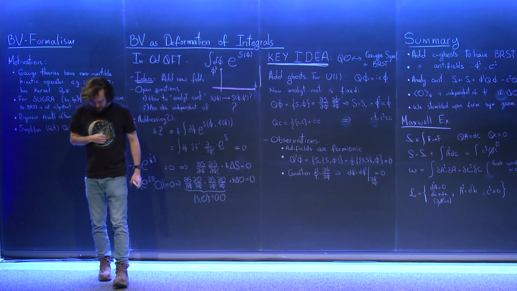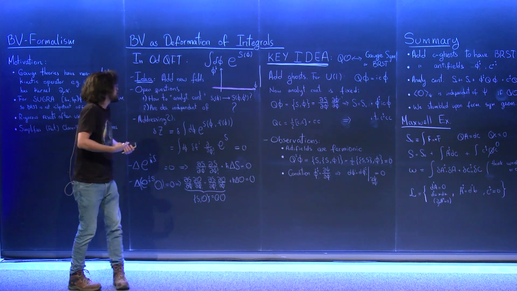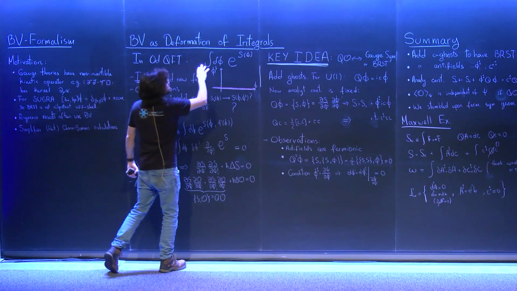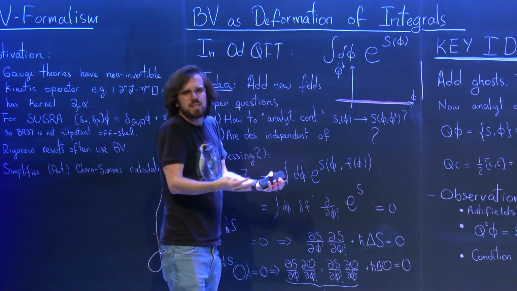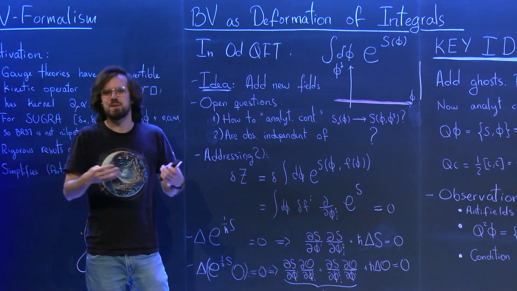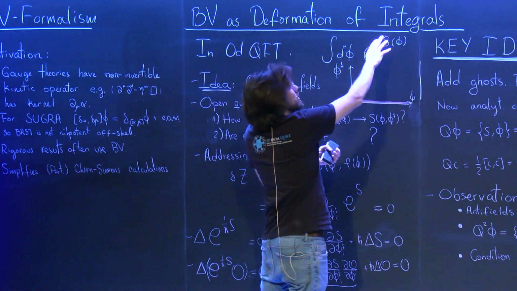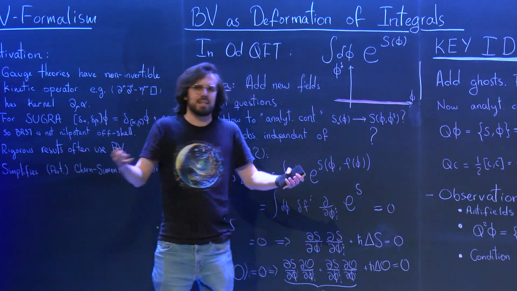The way we're going to proceed is that in zero-dimensional QFTs, we will have some integral of this form, analogous to what we hope to be able to define in higher dimensions in the form of path integrals, and somehow, for some reason, we know this action to be problematic in some sense.